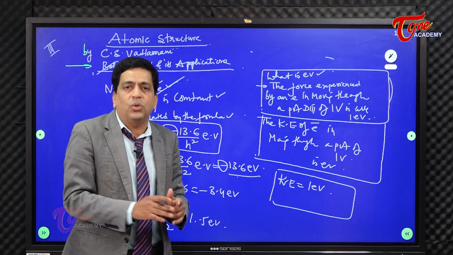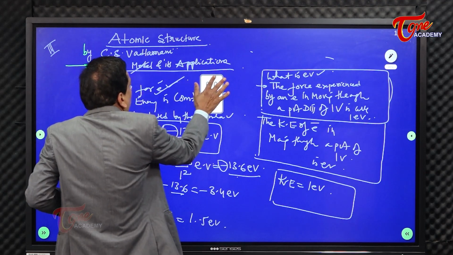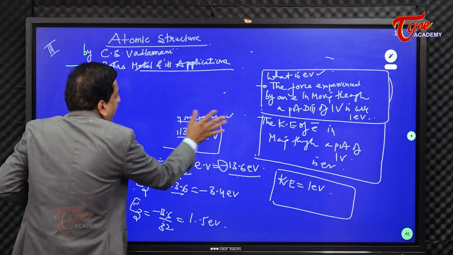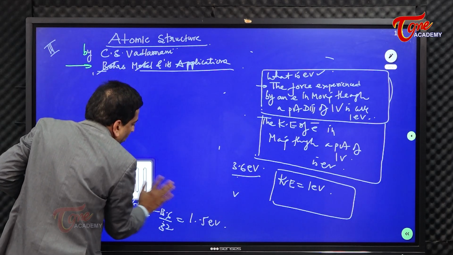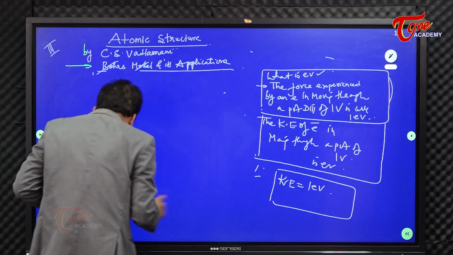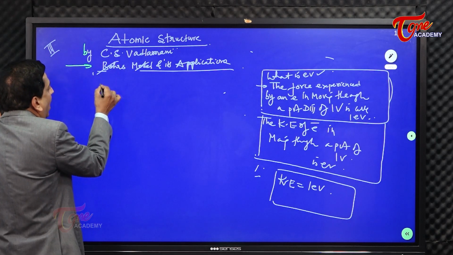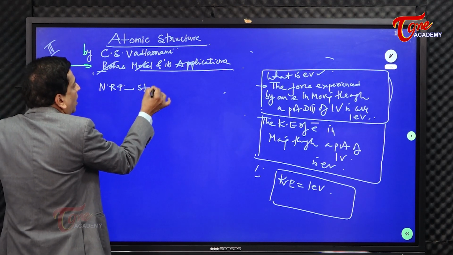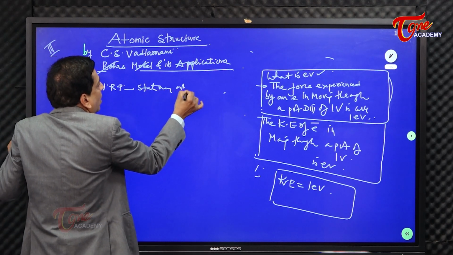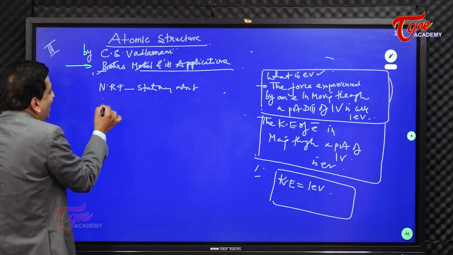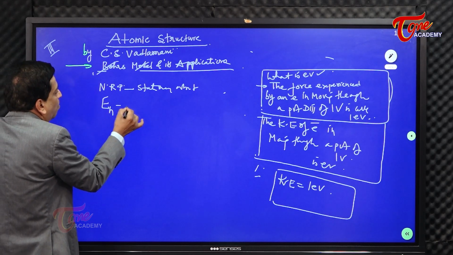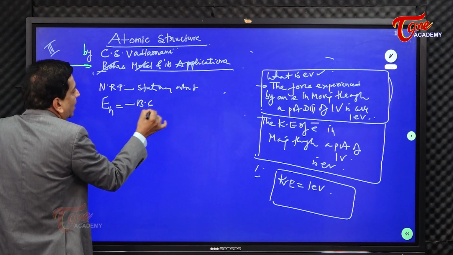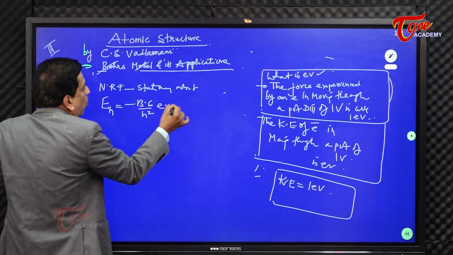I have other ways of expressing this for non-radiating paths also. Watch carefully. I put all the equations in one place. So what are the energy equations? Now NRP, or I call this a stationary orbit. En is minus 13.6 by n square electron volts.